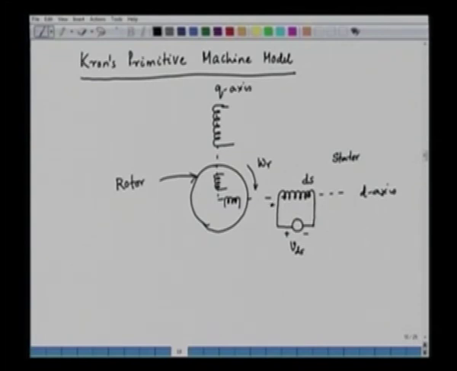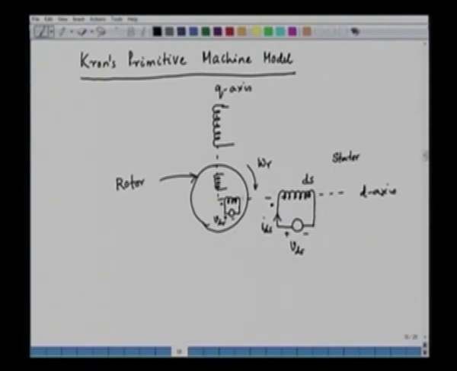We can show this as a dot, and this is the current entering into the winding, IDS. Similarly, in the rotor I can have an applied voltage, VDR, and this is my dot here.